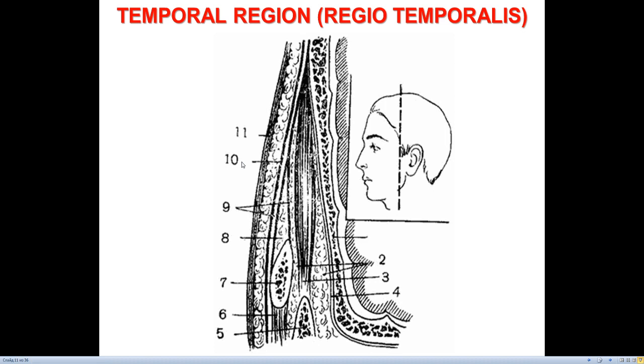Between these two layers of the fascia proper rests an adipose tissue layer, interaponeurotic fat, in which rests the middle temporal artery, arteria temporalis media.